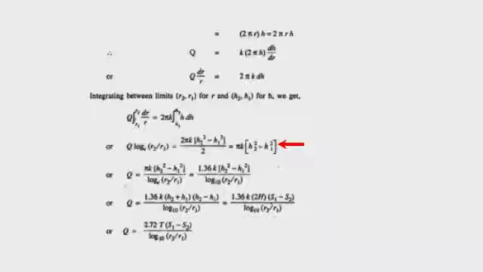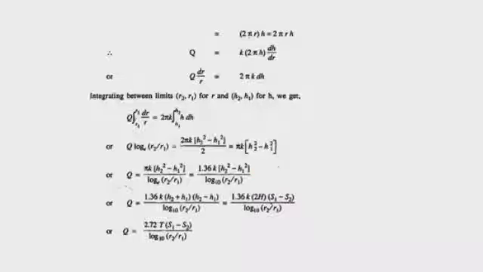So Q is equal to pi K (h2 square minus h1 square) divided by log_e (r2 divided by r1), which is equal to 1.36 K (h2 square minus h1 square) divided by log_10 (r2 divided by r1). Now this is in log 10. So Q is equal to 1.36 K (h2 plus h1) into (h2 minus h1) divided by log_10 (r2 divided by r1).